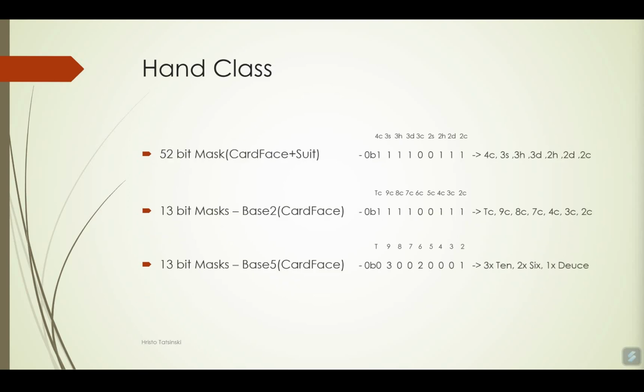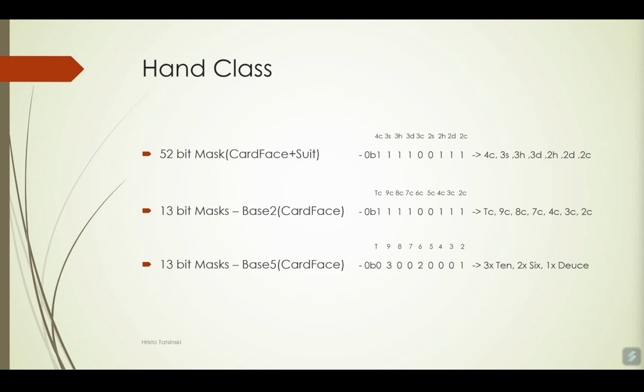To improve performance, I decided to create a hand class containing a few bit masks: a 52-bit mask for the entire looping, where each bit represents a single card face and a card suit; a few 13-bit masks, where each bit represents just the card face of a single suit, used for calculating flushes and straight flushes, or all the card faces regardless of the suit, used for calculating straights.